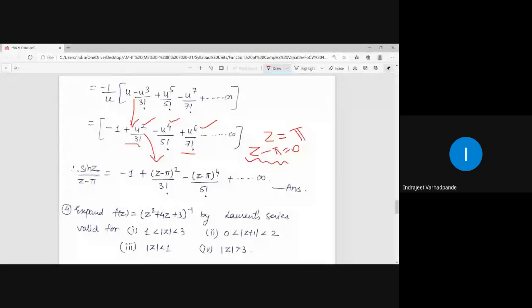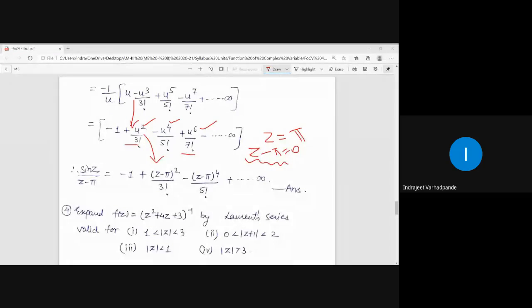Is it okay now? अभी दिख रहा है क्या? Visible, sir. अभी दिख रहा है? Is it okay? सर पहले दिख रहा था, अभी नहीं sir. अभी नहीं दिख रहा है?